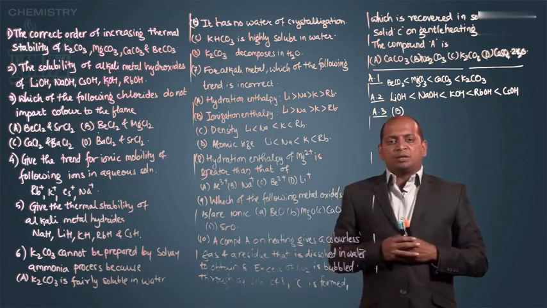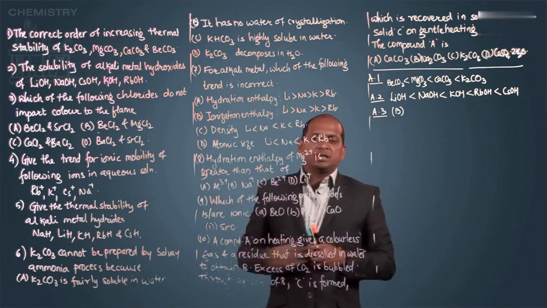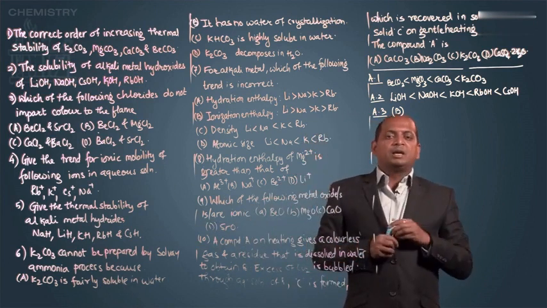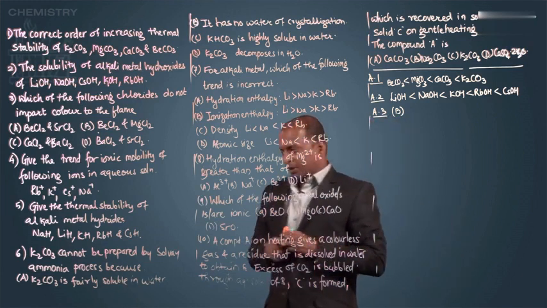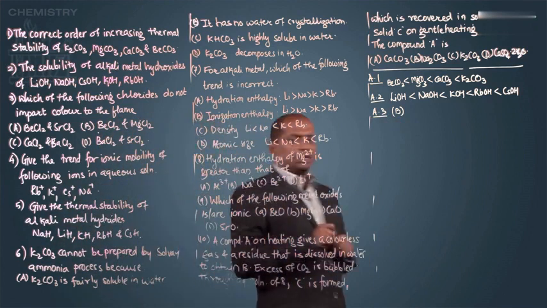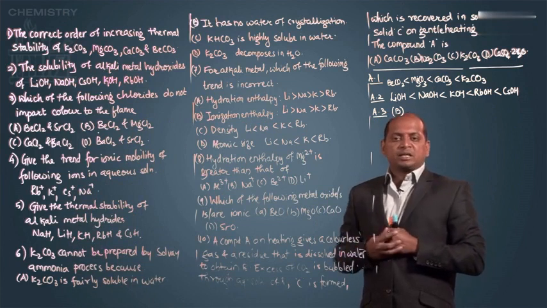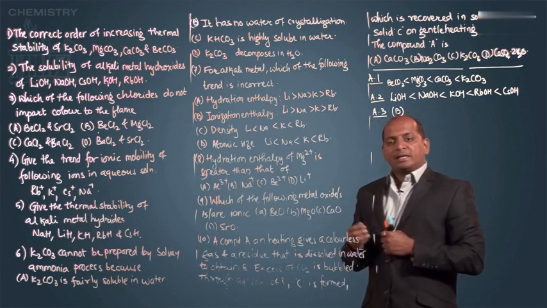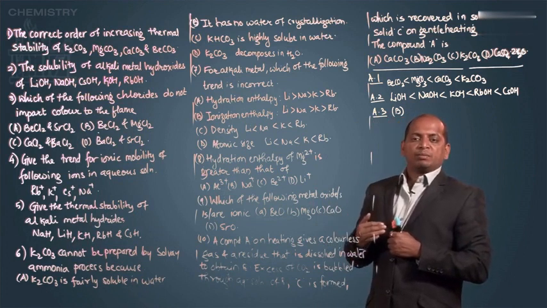Because of the polarity and a certain dipole moment, these ions are surrounded by the water molecules. Therefore, we can say the ionic mobility depends upon the extent of hydration. Greater the hydration, lesser will be the ionic mobility.